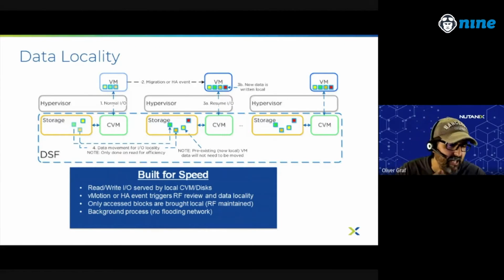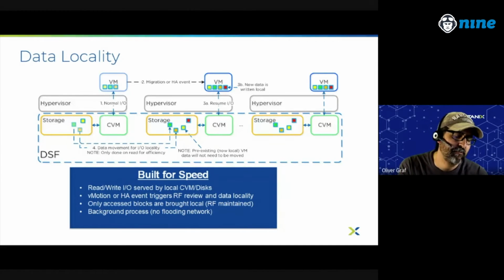Now, data locality. Data locality is really a unique feature that the Nutanix solution has implemented. Being a converged platform, I/O and data locality are really critical to cluster and VM performance with Nutanix.